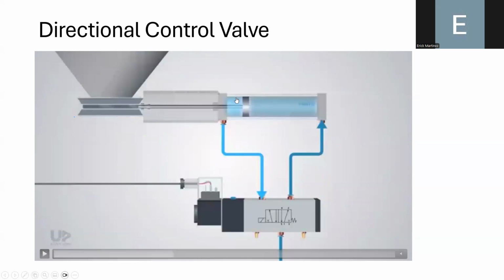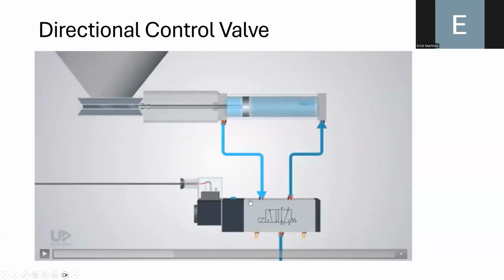So this is a better illustration of what is happening. Here you can see that we have a piston, and the directional control valve can allow us to push air into this region in order to extend a cylinder, and in this case, close this aperture. But when you exhaust air in this region and input air in this part with the help of the directional control valve, you can retract the piston and in this case open this aperture.